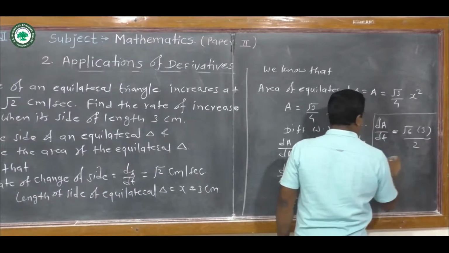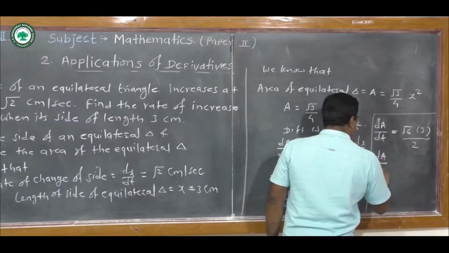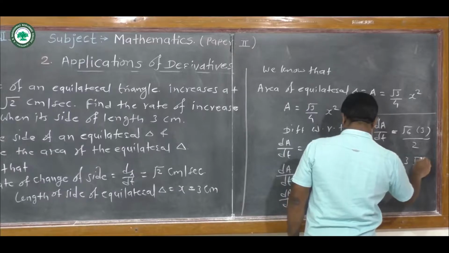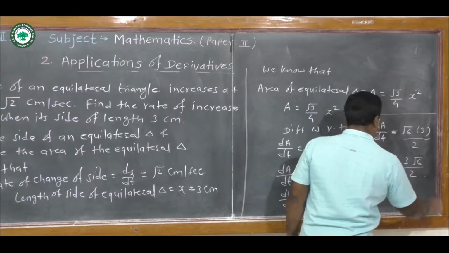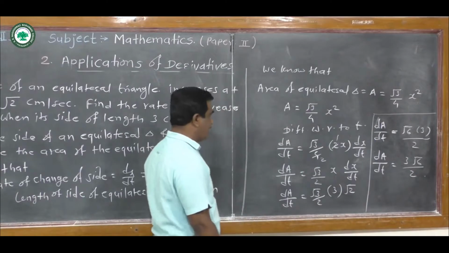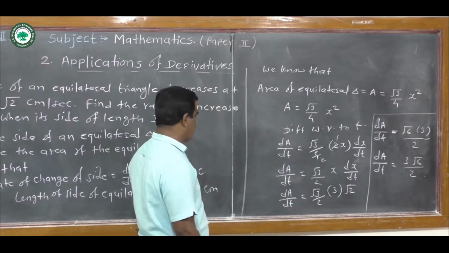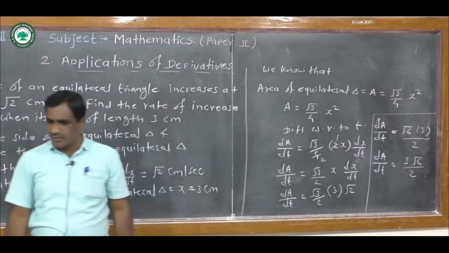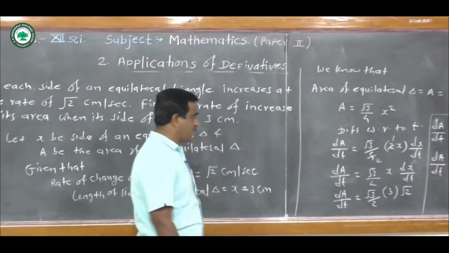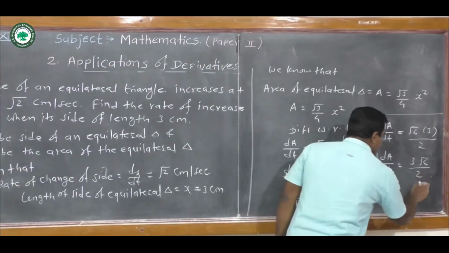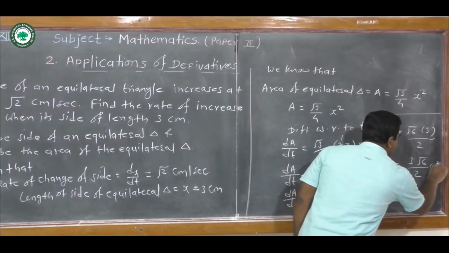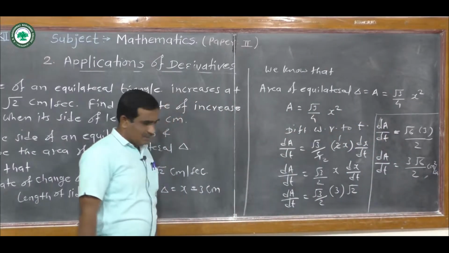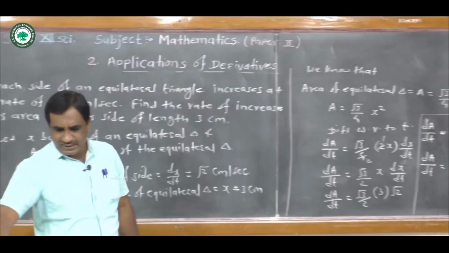That is, finally we get dA by dt is equal to 3 into under root 6 upon 2 centimeter square per second. This is the rate of change of area. We write the unit here, centimeter square per second. This is the answer for this example.